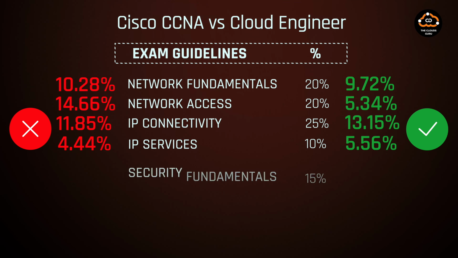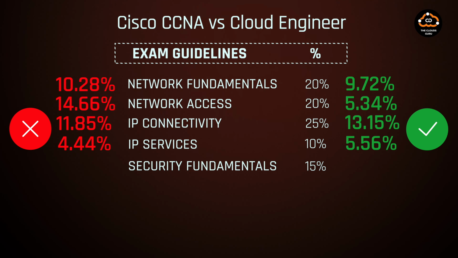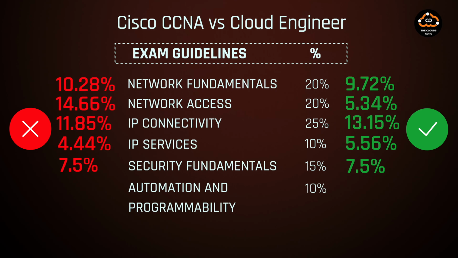Next is security fundamentals, which constitutes 15% and covers equally 7.5% of topics related and not related to cloud engineers. Lastly, 10% of the exam is automation and programmability. 2.86% of it is not useful, but 7.14% has a huge relevance to cloud computing.